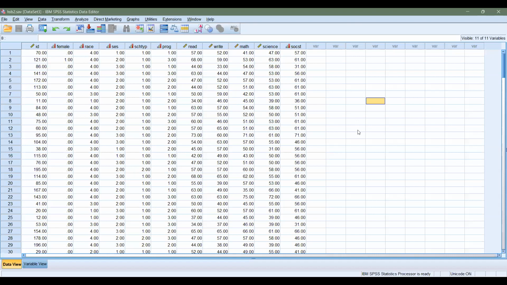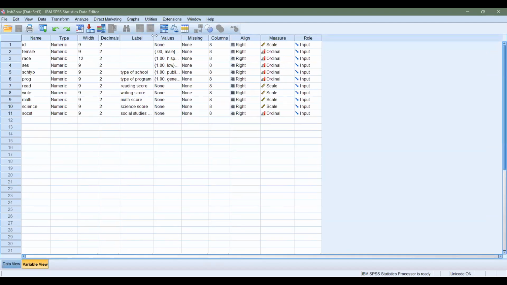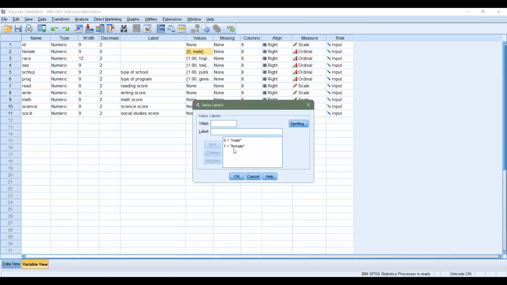So you people have got exposure to SPSS, so I'm not going to explain that there are two windows, variable view and data view. Yes, that is not required. So let's go to the variable view and see how many variables we have. We have a small data set. We have one gender variable, which is defined by female. Why is it defined by female? Because we are female centric. I love this statement. So we have defined one for female.